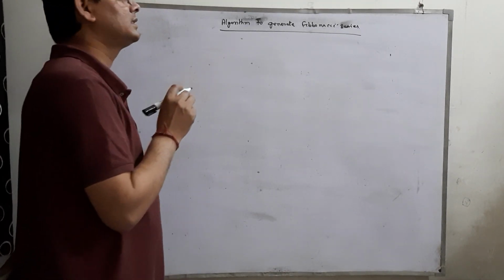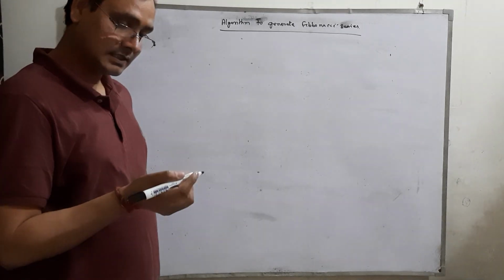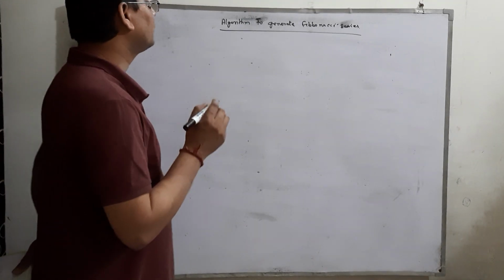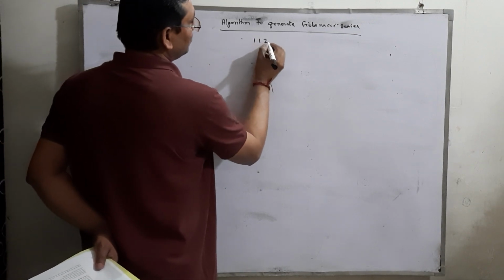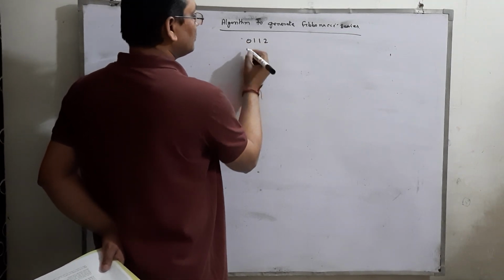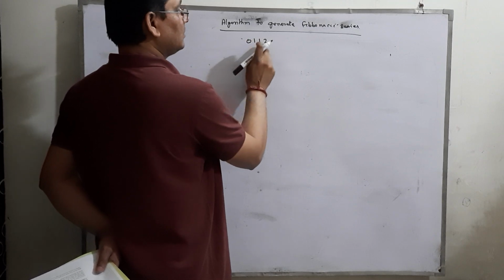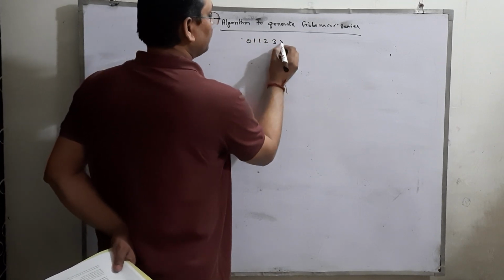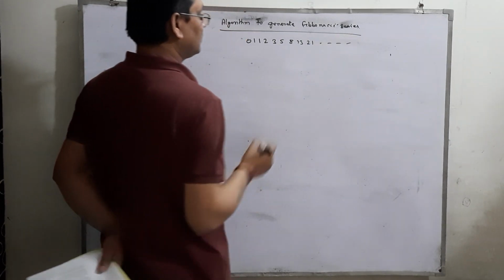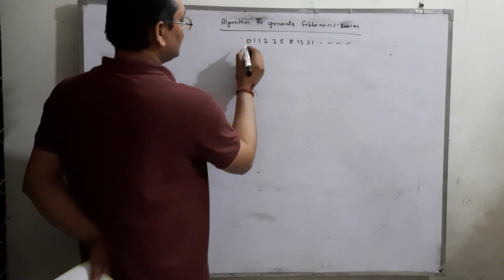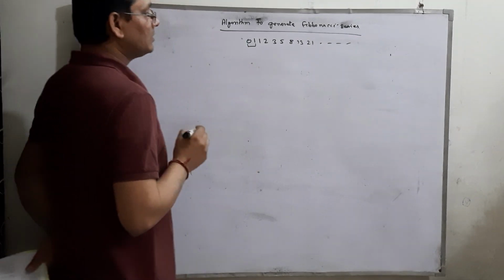How does the Fibonacci series come up? Basically, there is a story, but we are going to tell you. The Fibonacci series is 0, 1, 1, 2, 3, 5, 8, 13, 21, and so on. How does it become? 0 and 1 are the two initial values.